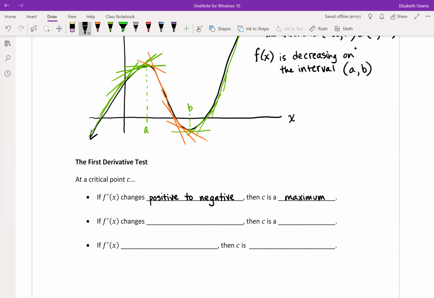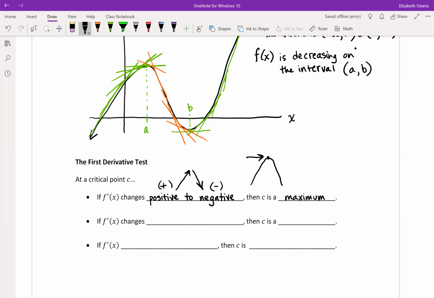So the derivative changing from positive to negative here. Positive indicates an interval of increase, and then negative indicates decrease. So your function values are going up, and then you hit your critical point, and then it switches to negative, decreasing, so your function values go down.